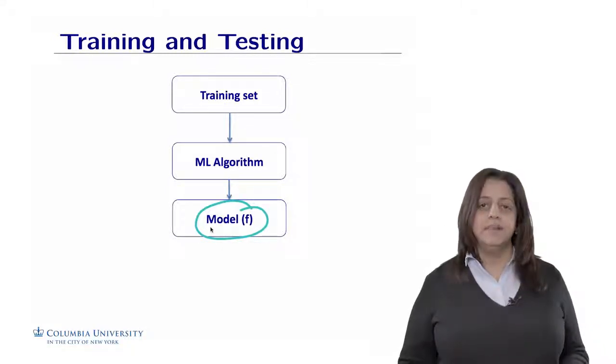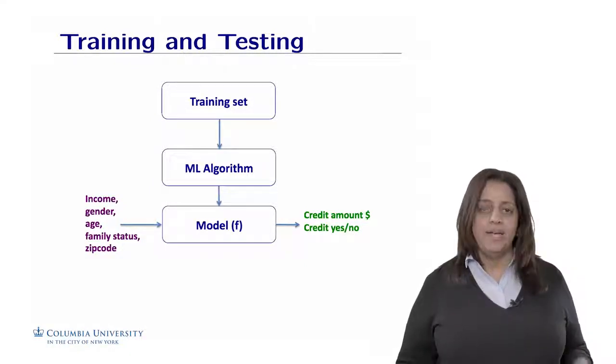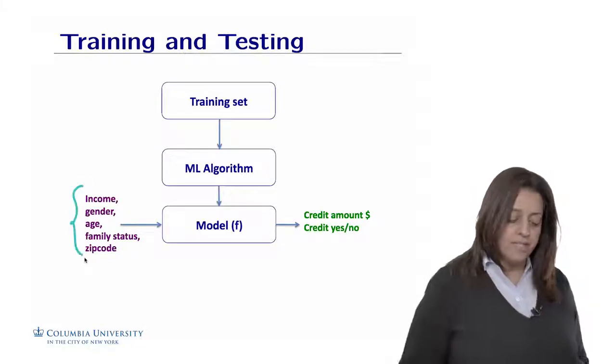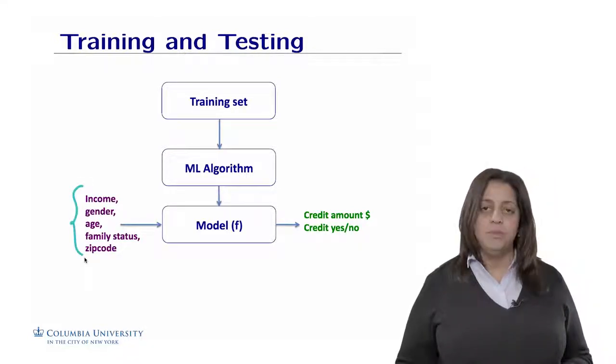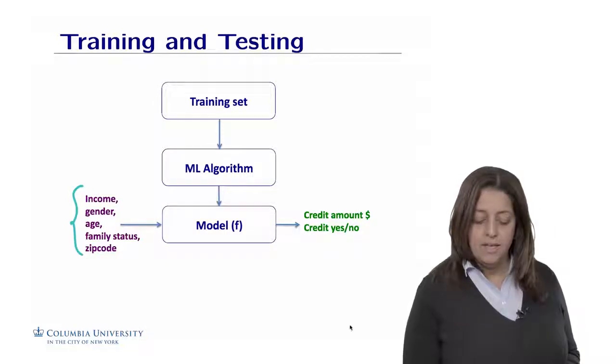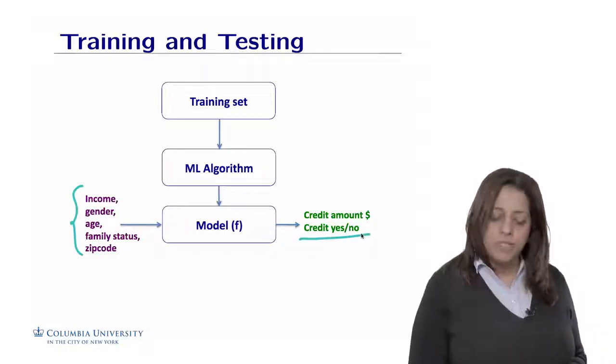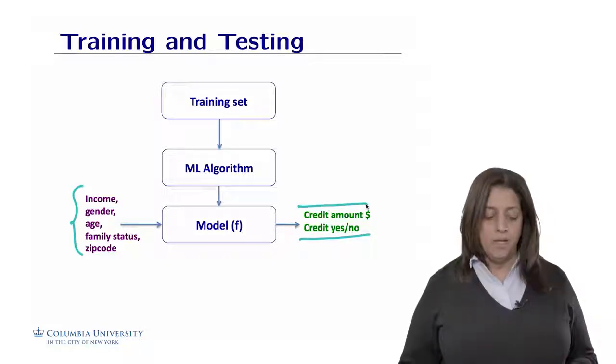Then, given this model has learned from previous experience or from previous data, we're going to try to use it to make a prediction. So suppose, in the bank example, we have the income, the gender, the age, the family status, and the zip code of a customer. We want to be able to use the model to predict, in the case of classification, whether the customer should get a credit, yes or no. And in the case of regression, what will be the credit amount that the bank should give to the customer?